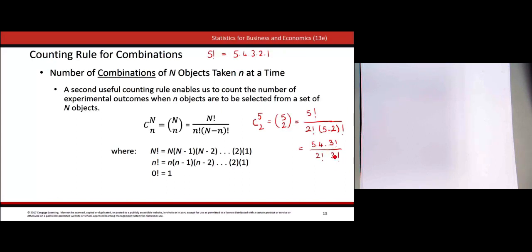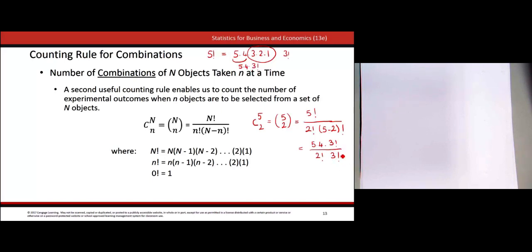But here in the denominator we have (5 minus 2) factorial, which is 3 factorial. So we can write the numerator as 5 times 4 times 3 factorial.